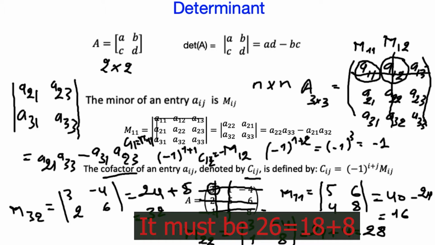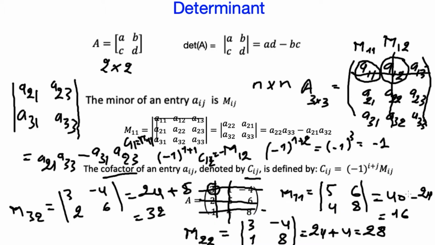And here, for example, C11 will be equals minus 1 to the power 1 plus 1, which is 2, so minus 1 squared is 1, times M11, which equals 16. They are equal in this case. And C22 will be equals minus 1 to the power 2 plus 2, which is 4, so it is 1, times M22, so in this case it is 28.